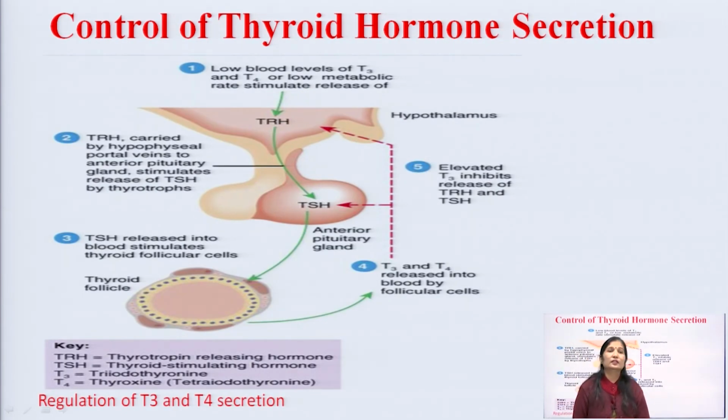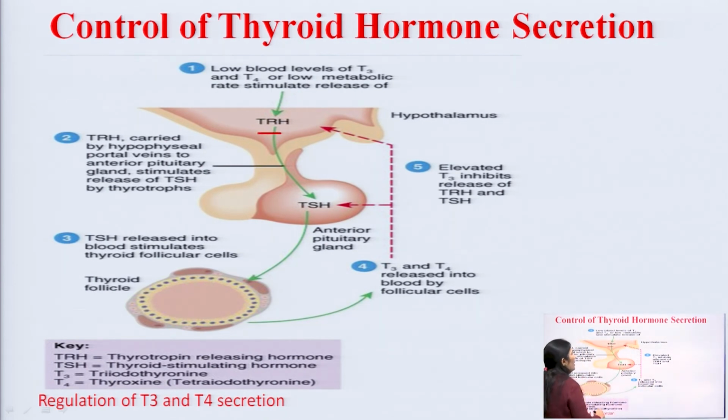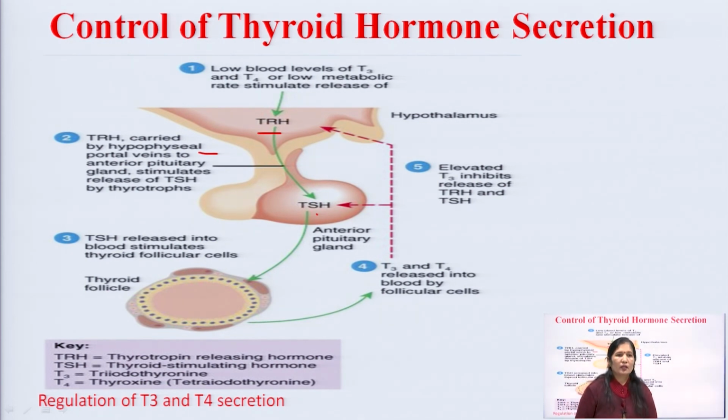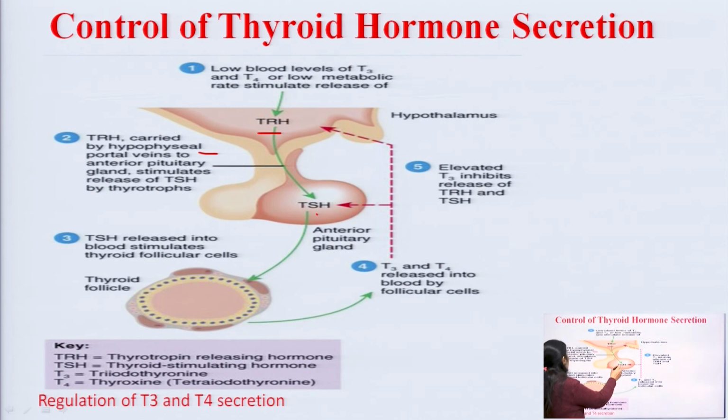So, how is their secretion regulated? Whenever there is a low blood level of thyroid hormones, whenever there is low metabolism, it will stimulate the release of TRH, thyrotropin releasing hormone, from the hypothalamus, and this TRH will be carried by the hypophyseal portal vein to the anterior pituitary, and this will stimulate the release of TSH from the anterior pituitary gland.